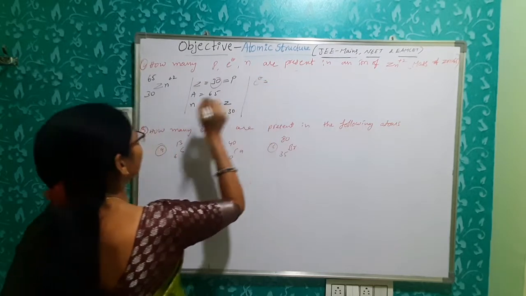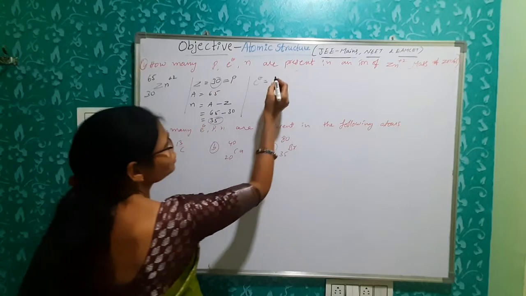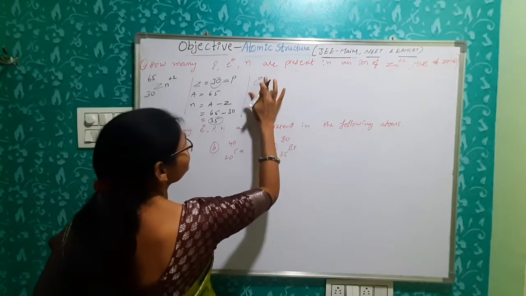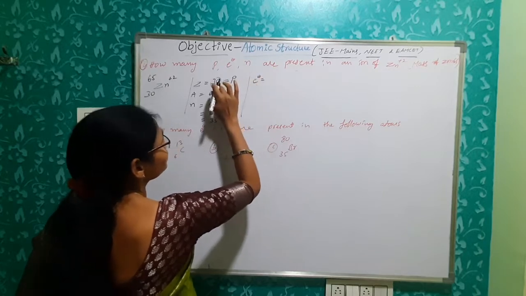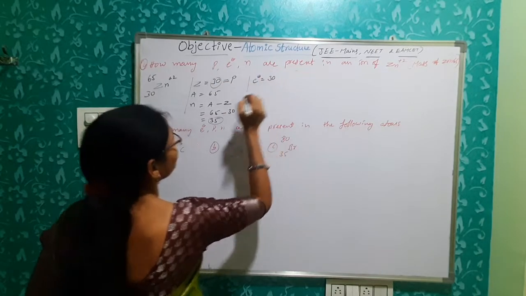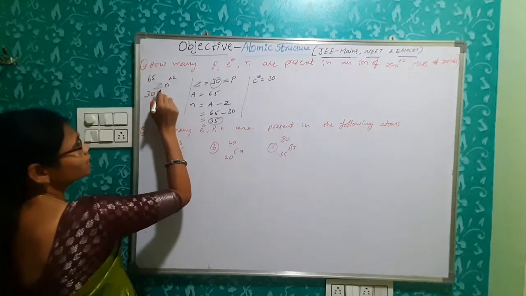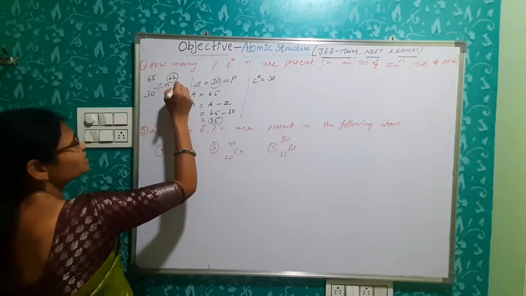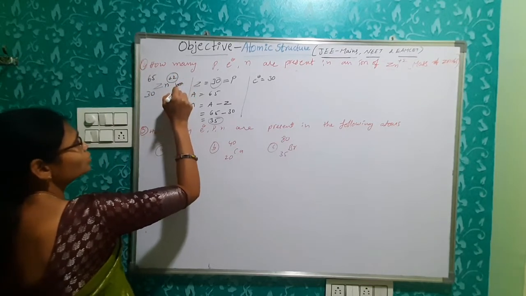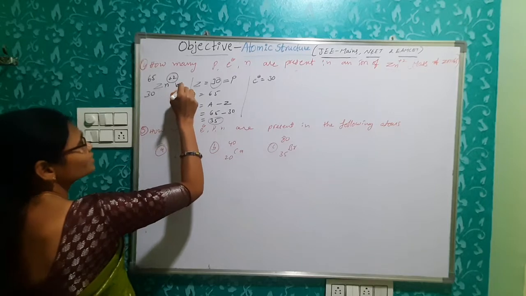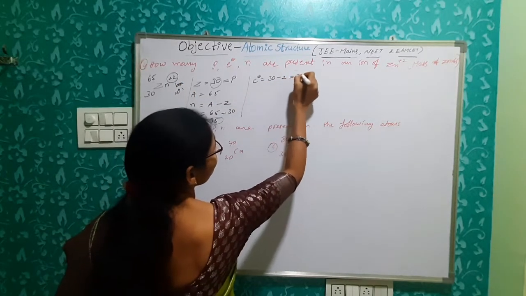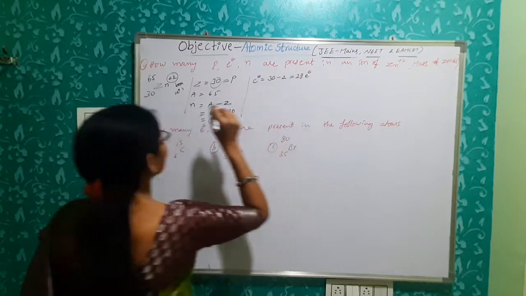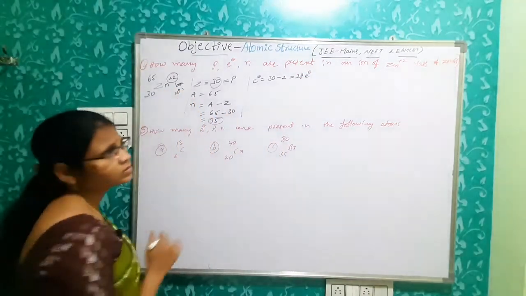Electrons equal the proton number in the neutral atom, and zinc loses 2 electrons. So 30 minus 2, how many electrons? 28 electrons are present in the dipositive zinc ion.